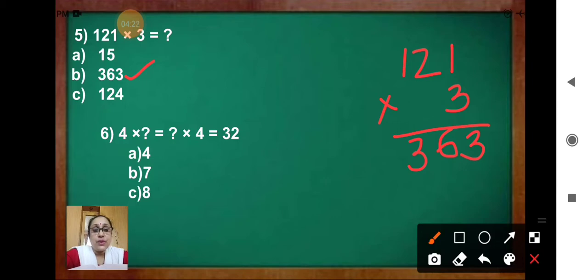So when you are multiplying 4 with which number that you are getting 32? 4 eights are 32 and again 8 fours is also 32. So the correct answer is 8. Understood? Finished till here, children?